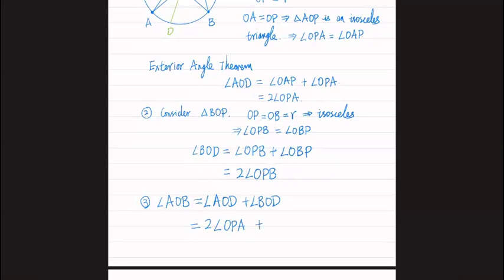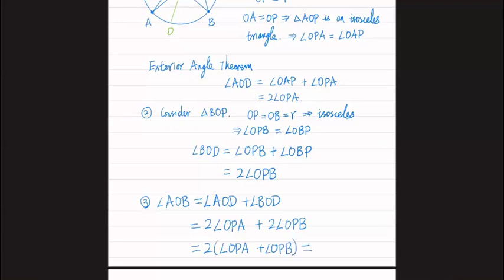The second step, BOD is twice angle OPB. So twice angle OPA plus angle OPB.